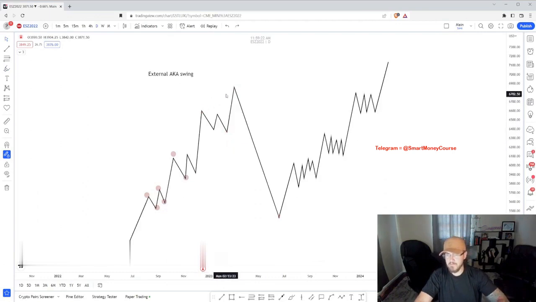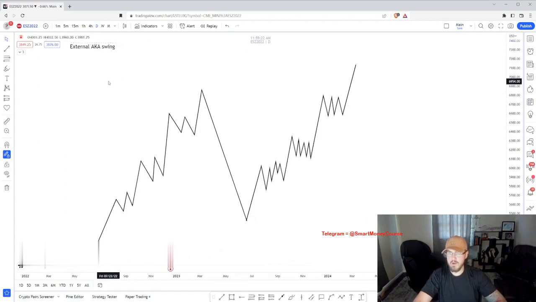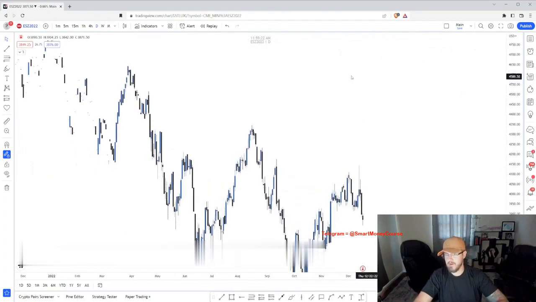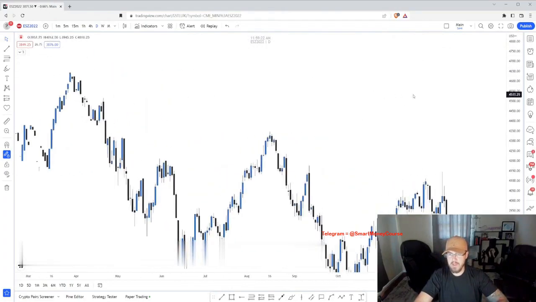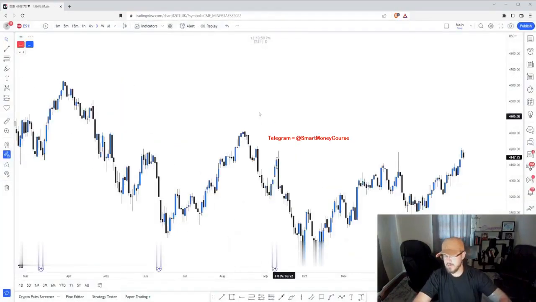So whenever we're looking at external structure, it's very important to look at what a relative swing looks like. So let's take a look at price over here. Let's go on the actual chart.